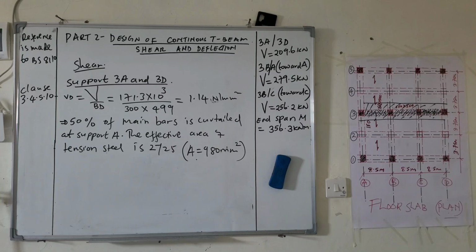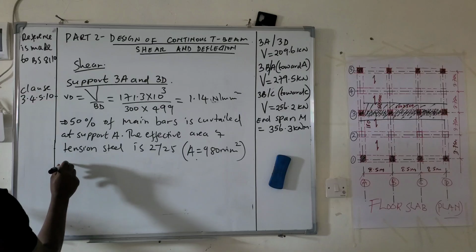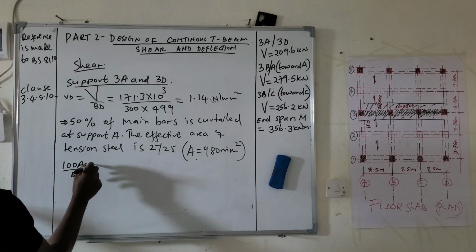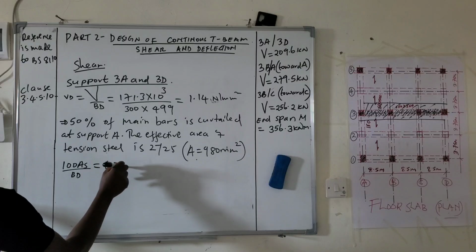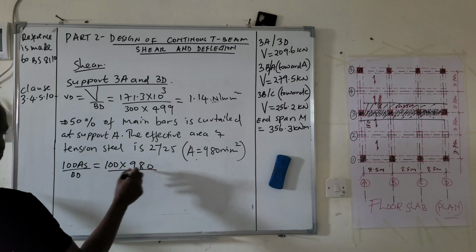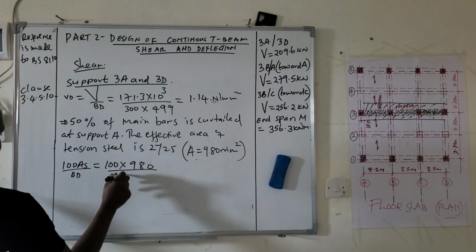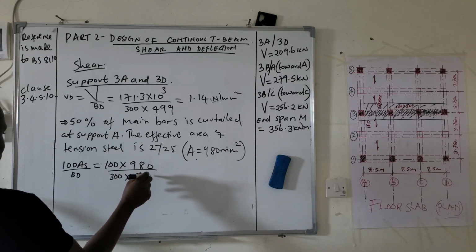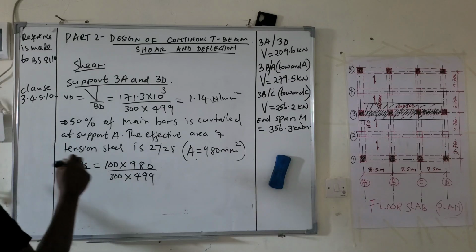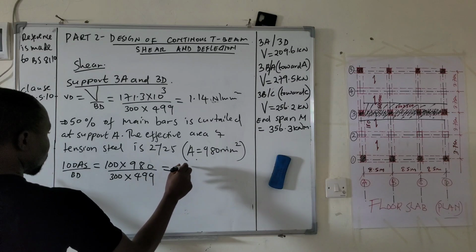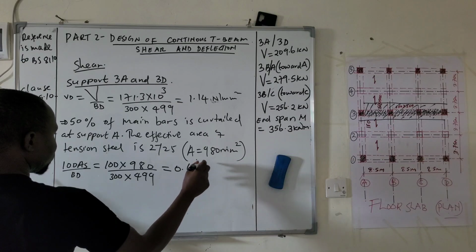Now, the shear stress in concrete will be obtained using this formula, 100 AS over BD. So this is 100 times 980 over B, which is 300, times D. Our D is 499. So this one is equal to 0.655.